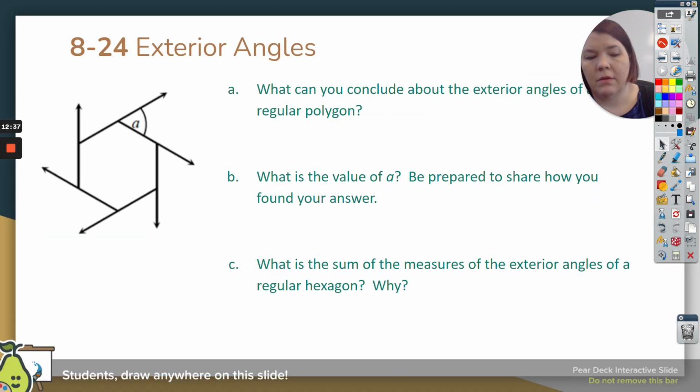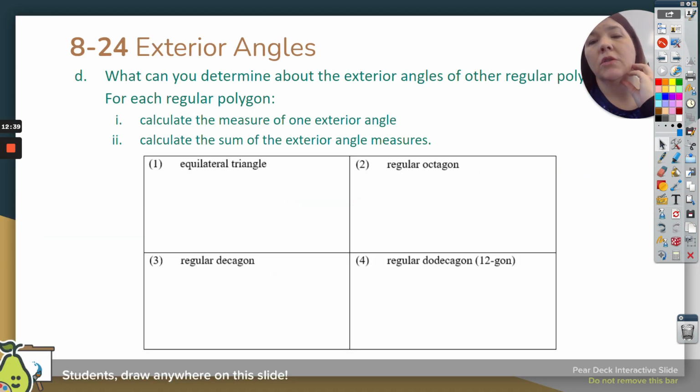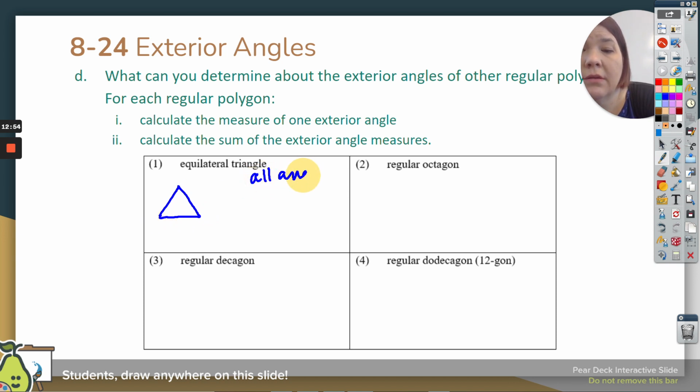So what can we determine about the exterior angles of other regular polygons? Let's figure out what's going on. We've got an equilateral triangle, and we know that all the angles are 60, because it's an equilateral triangle.